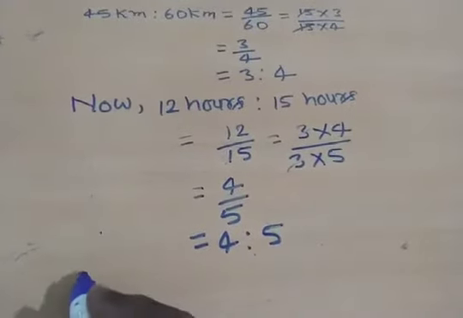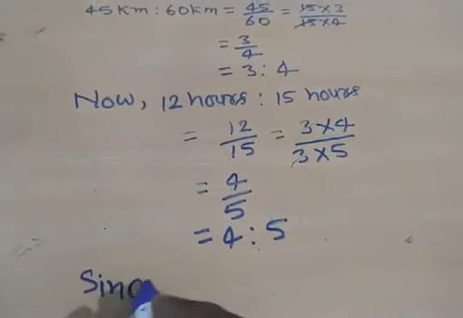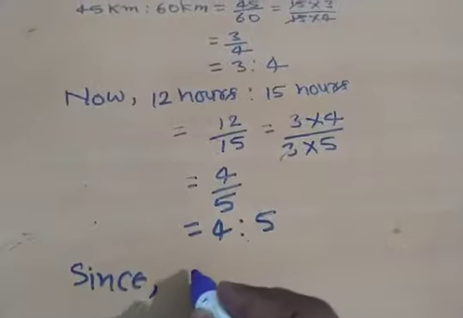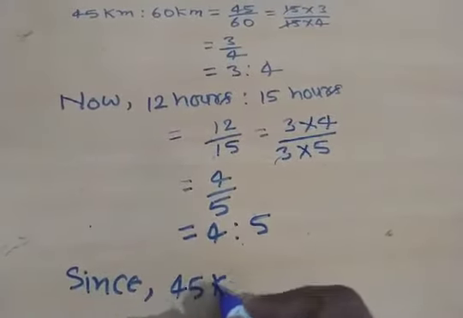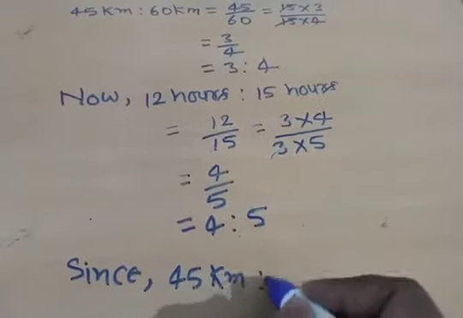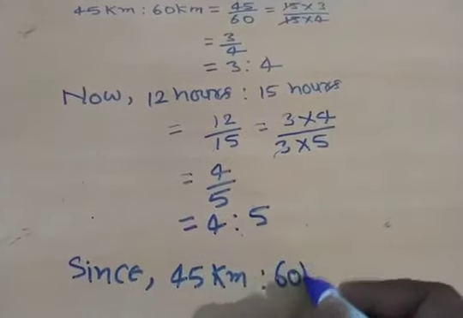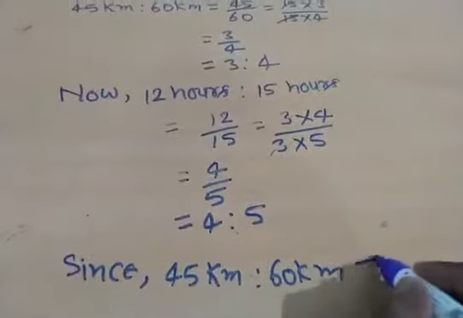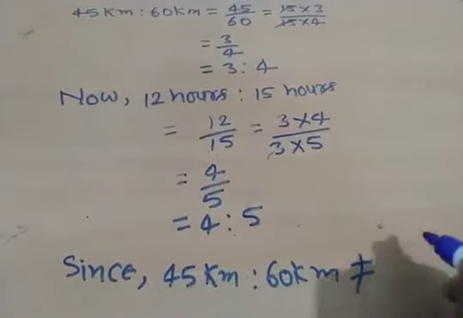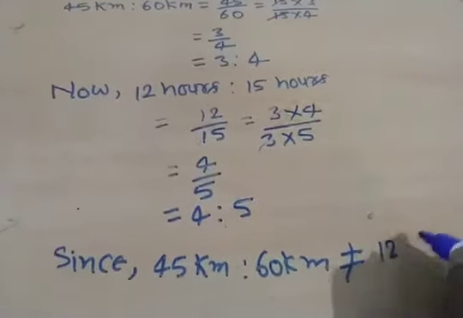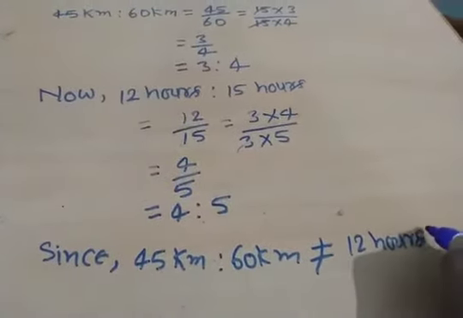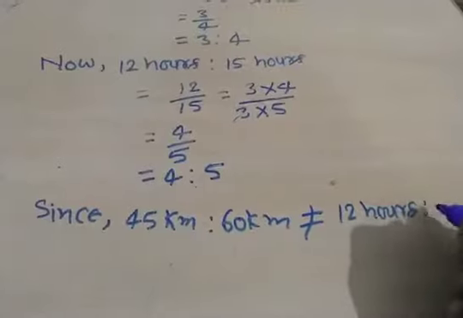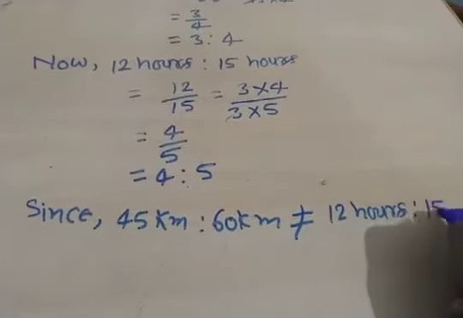Hence, you can see from above, 45 kilometer ratio 60 kilometer does not equal 12 hours ratio 15 hours.